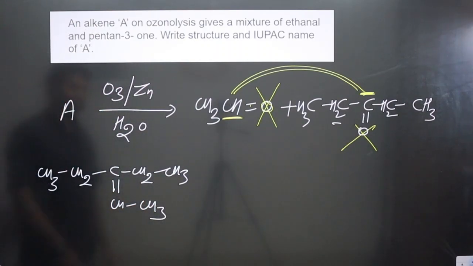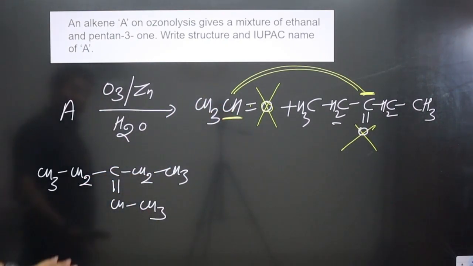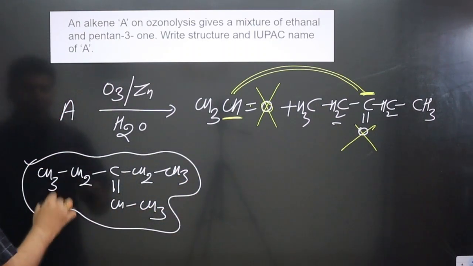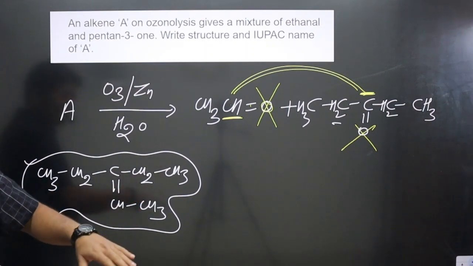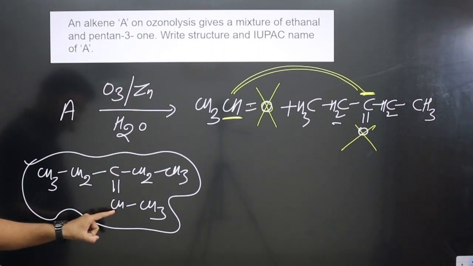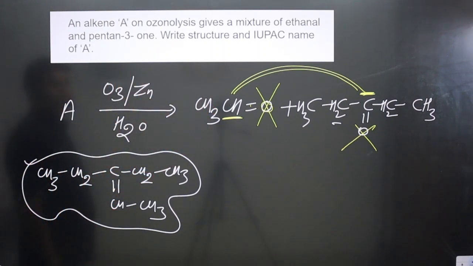To this CH, CH3 is there. This is the chemical formula of reactant A. Very easy. And even if you want to carry out this reaction, we break this bond and attach oxygen here also, and here also. Two products will be formed.